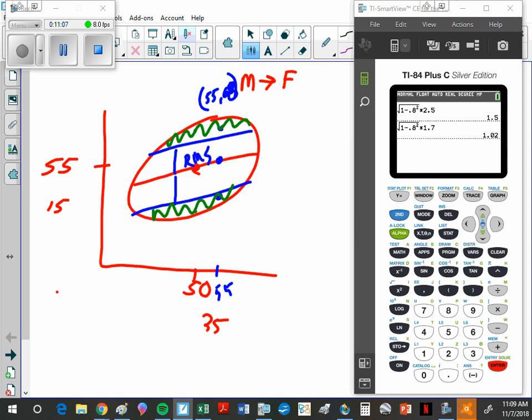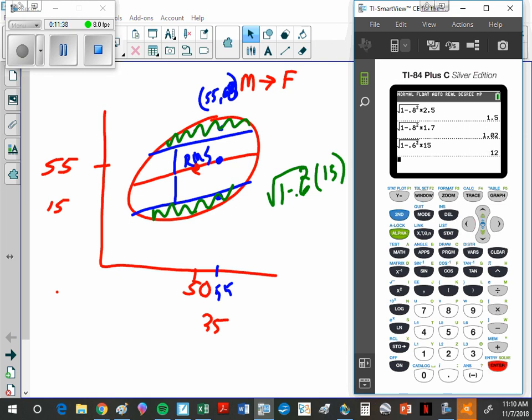So I take the square root of 1 minus 0.6 squared times my SDY of 15. Oh, don't forget to square it. If you don't square it, it won't work. 12. Is that what you guys got? 12?